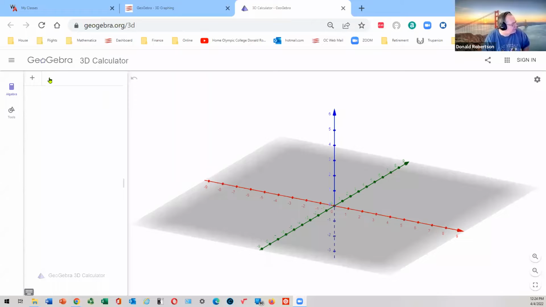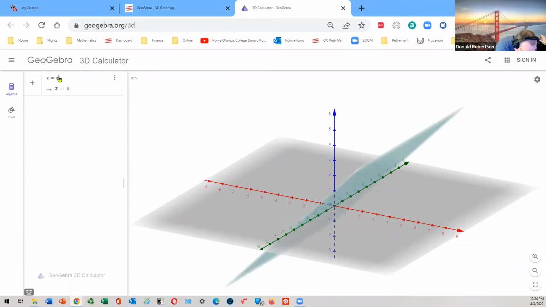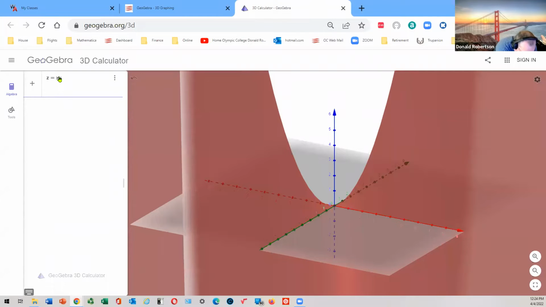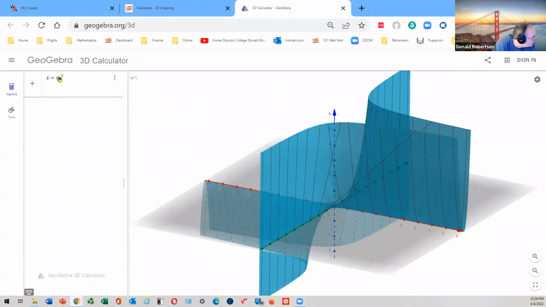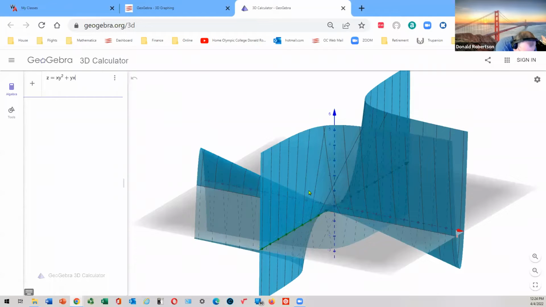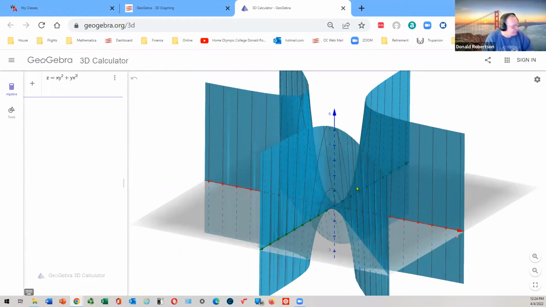Let's look at what one of these surfaces look like before we start doing the derivative. Right. So hopefully I can just do z equals xy squared. Oops, already did the square. Right. So that's xy squared plus yx squared. There, that'll do.